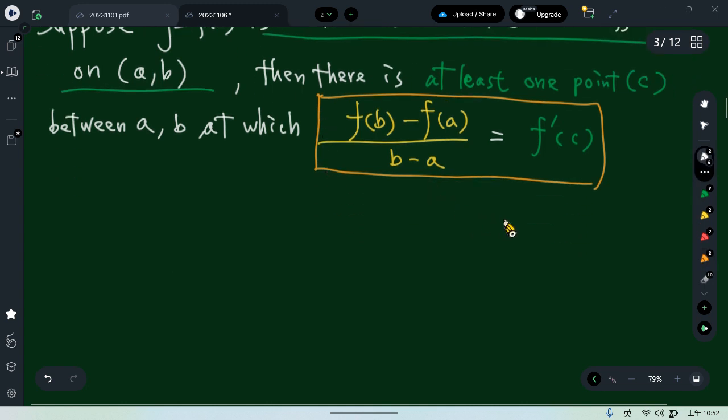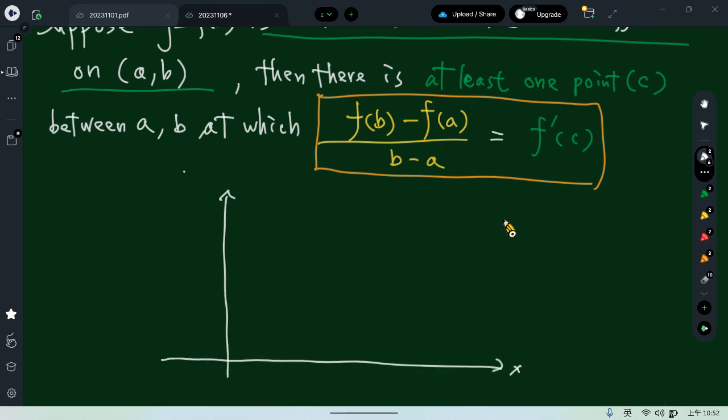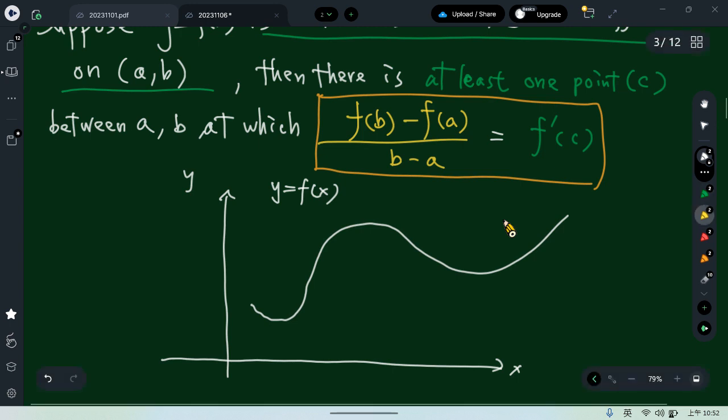So, okay, I also drew a figure to impress you. On x and y, if I give you y is equal to f of x, then f of x is just like this, right? So if a is here and b is here, this time f of a could be not equal to f of b, right? Because f of a is here, f of b is here.